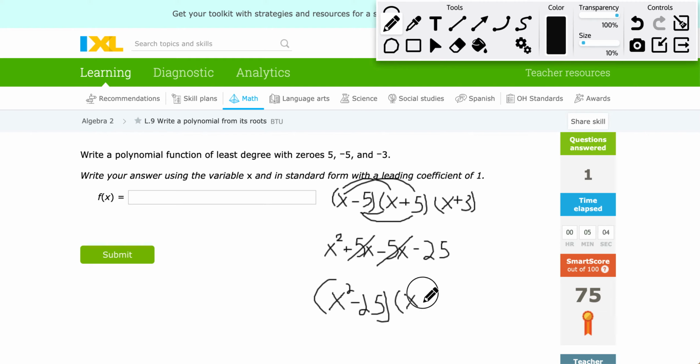So when I have something like this, it acts the same way, even with a different exponent at the start there. x squared times x is going to give me x to the third power. x squared times 3 is going to be 3x squared. Underneath, I'm going to have negative 25 times x.